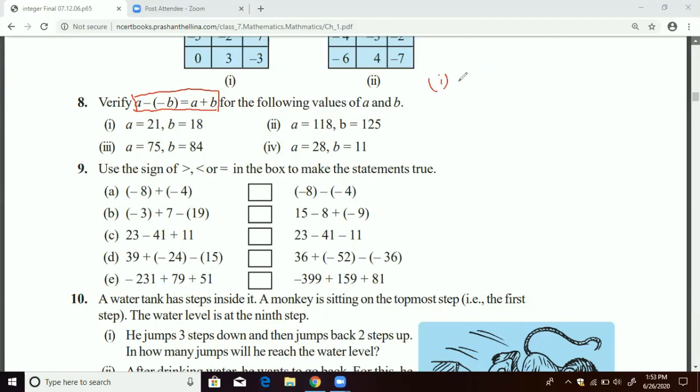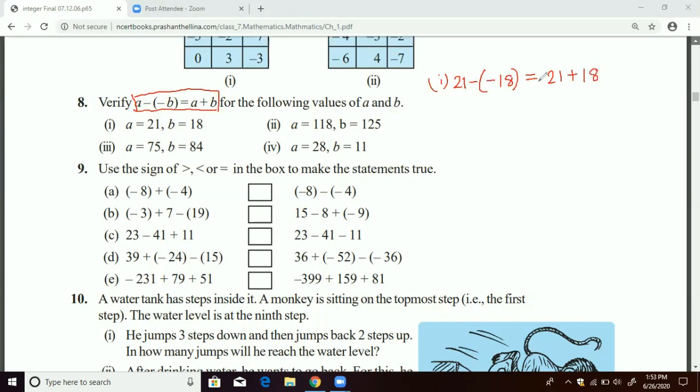I'm writing this algebraic statement with these numbers. The first question was 21 minus negative 18. We have seen that subtraction is the same as addition of the additive inverse, so you can write 21 plus positive 18.